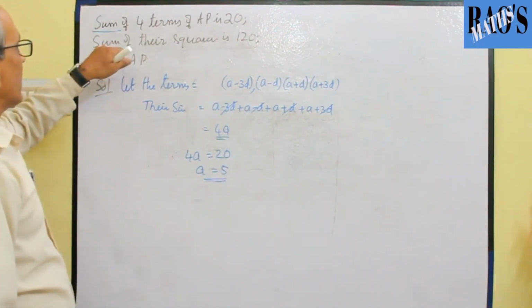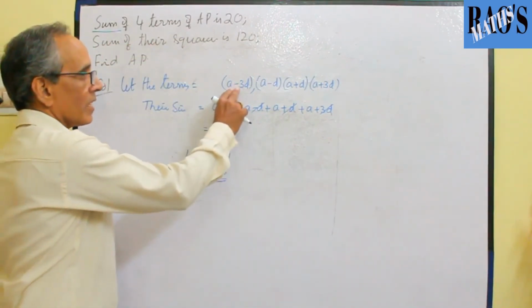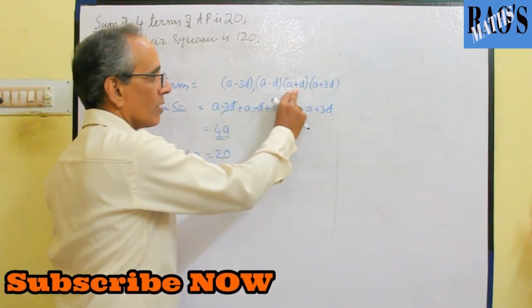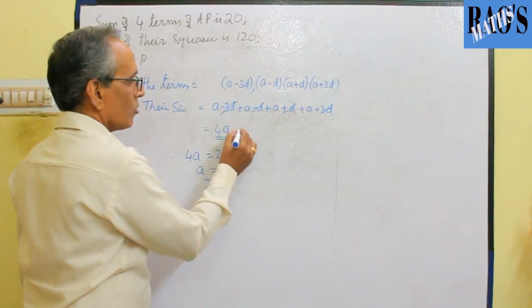Now let me find the sum of their squares. Sum of their squares means A minus 3D whole square, A minus D whole square, A plus D whole square, A plus 3D whole square, their sum. Let me continue here.